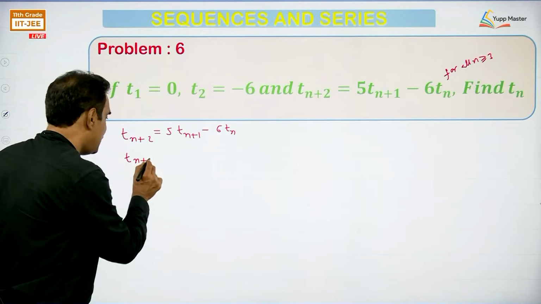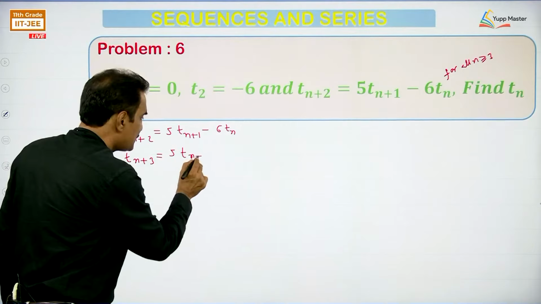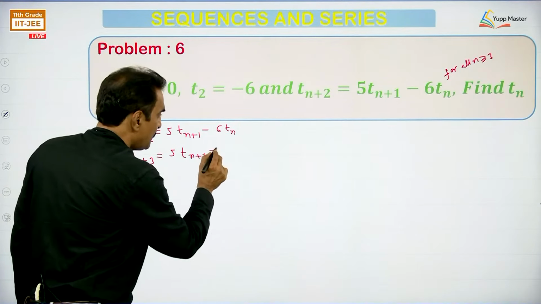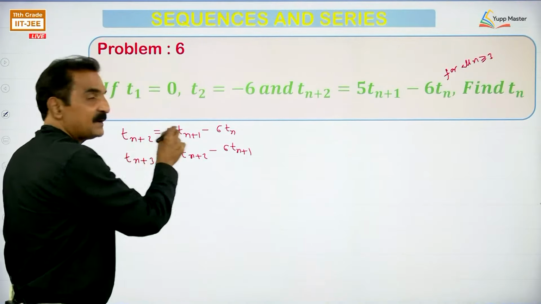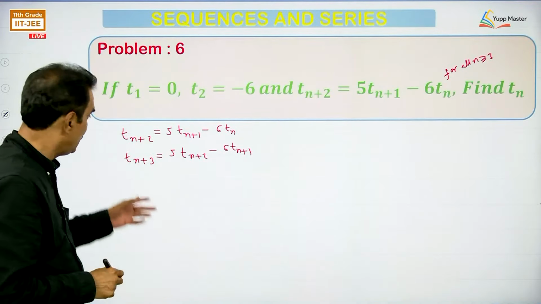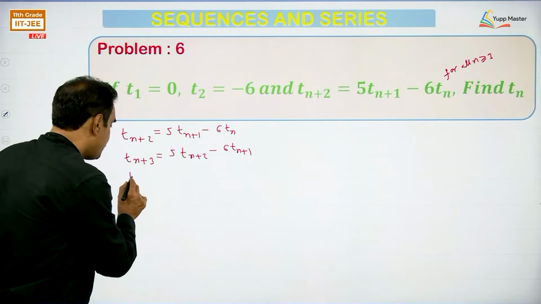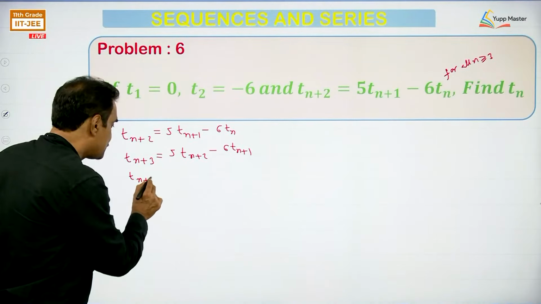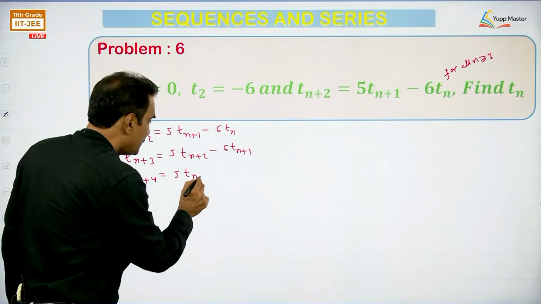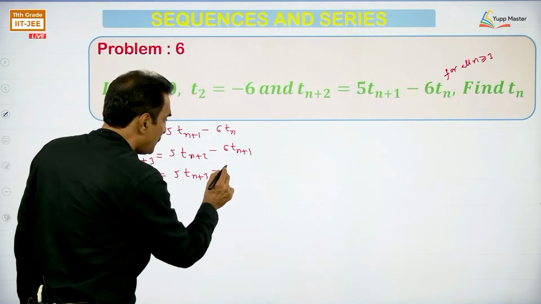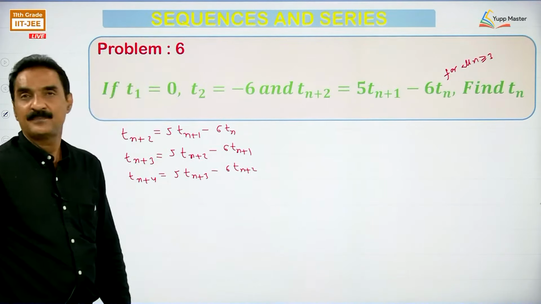Tn plus 3 will be equal to 5Tn plus 2 minus 6Tn plus 1, replacing n by n plus 1 on both sides. Again, if you replace n by n plus 1, it becomes Tn plus 4 is equal to 5 into Tn plus 3 minus 6Tn plus 2.